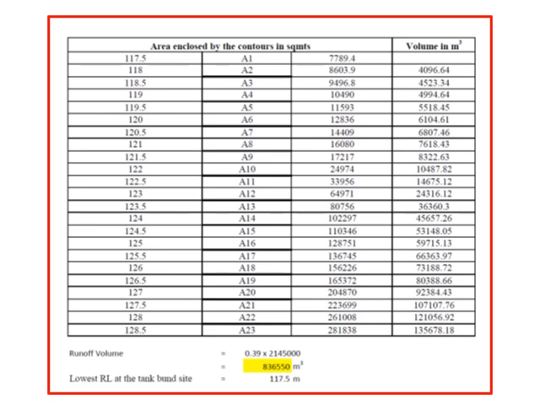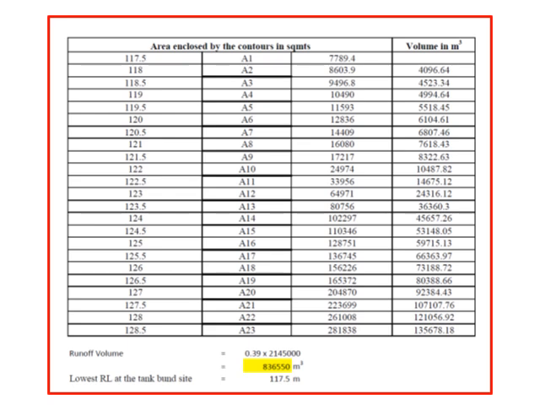The next step is, for each of the contours that have been generated, you should find the areas generated by that particular contour. For example, A1 is the area generated by the contour of 117.5 RL. Similarly, A2 is the area generated by the contour of RL 118.